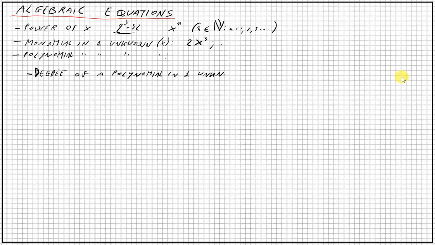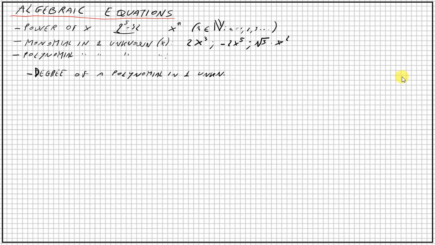It could be minus 2 x to the power 5, that is a valid monomial as well. Another monomial could be square root of 3 times x to the power 2, or x squared.